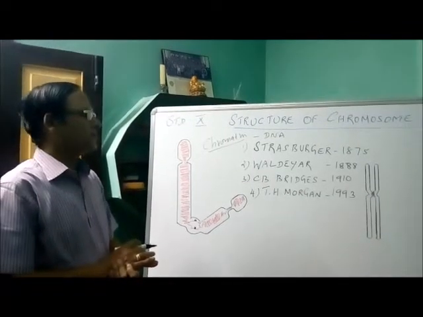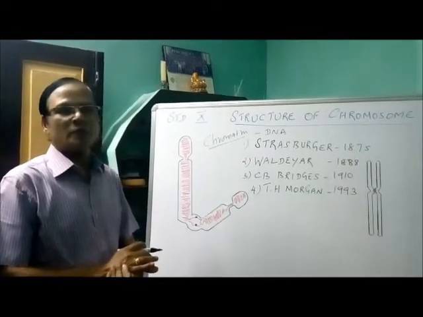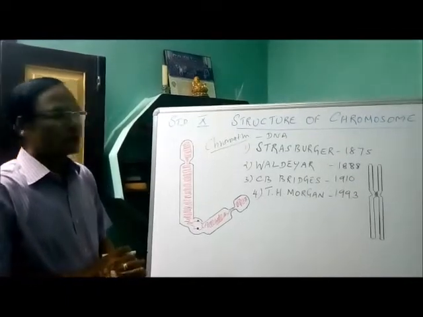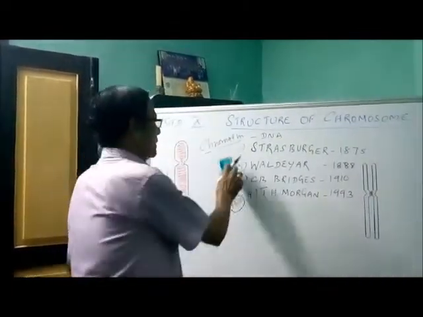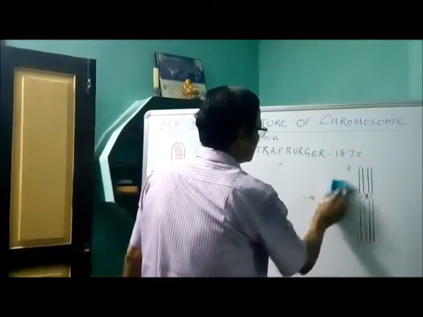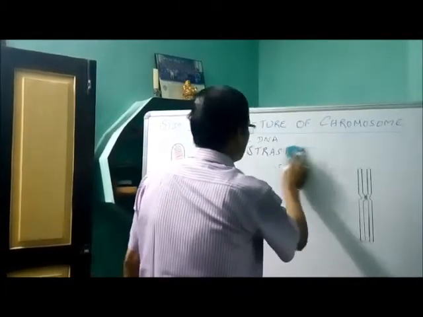Normally in a chromosome we have the genes. The genes are located on a chromosome at a particular point, and that point is the locus of that gene.